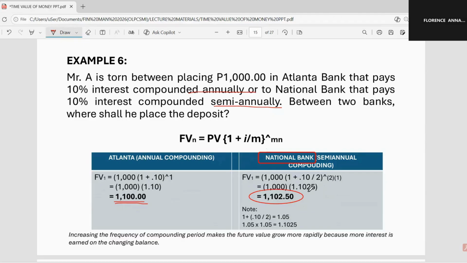And for National Bank, which is semi-annual yung kanyang compounding, that is your present value na 1,000 times 1 plus interest rate divided by 2 kasi semi-annual raised to 2 times 1.